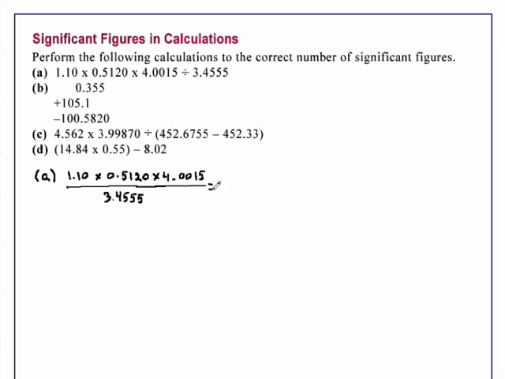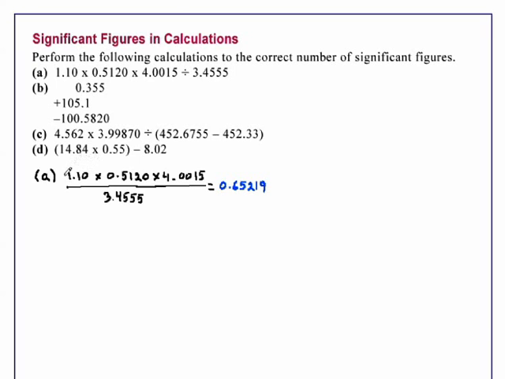When you put this into your calculator, the result you will get is 0.65219. But we have to check this number for the proper number of significant figures.